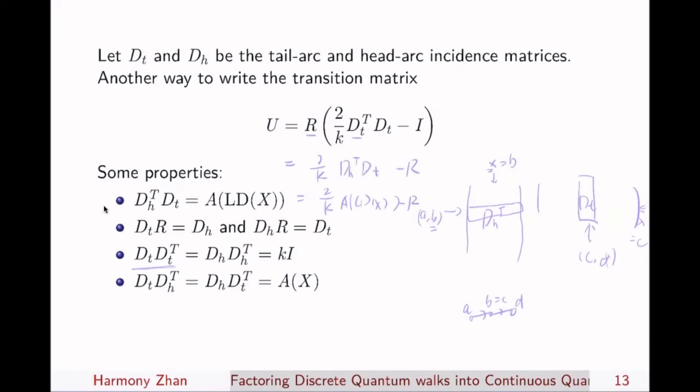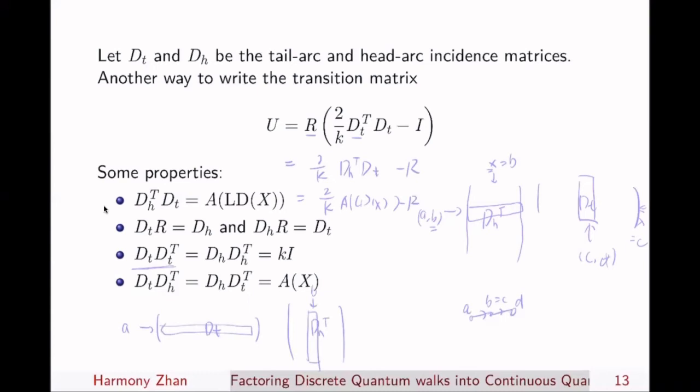And if I multiply D_T by D_H transpose, then what do I get? Now I have a lying down matrix multiplied by a standing up matrix. This is D_T, this is D_H transpose. So I'm looking at a row indexed by some vertex a and a column indexed by another vertex b.